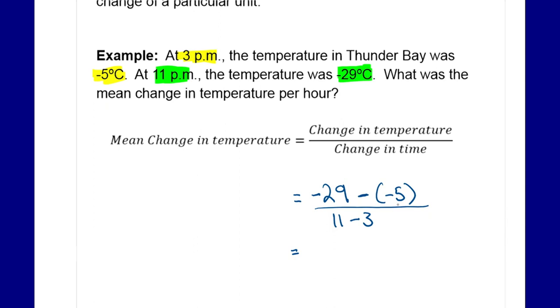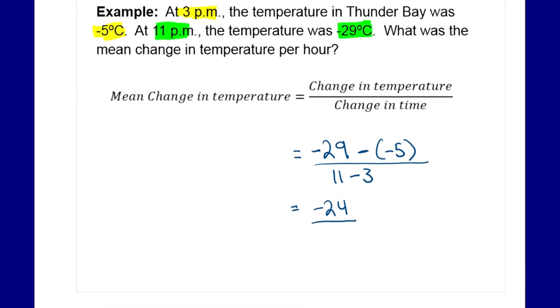Because I have values on top divided by values below, I need to simplify the top first, simplify the bottom. I could do it at the same time, but I need to do that before I divide. So negative 29 minus negative 5 is negative 29 plus 5, which gives me negative 24, divided by 8, or 11 minus 3, which is 8.